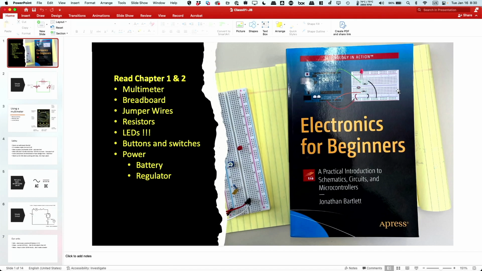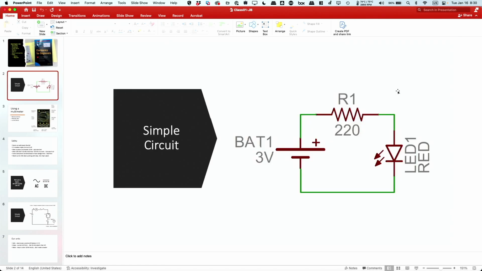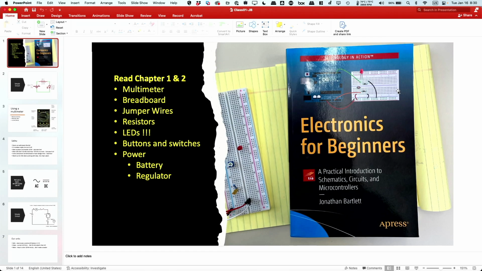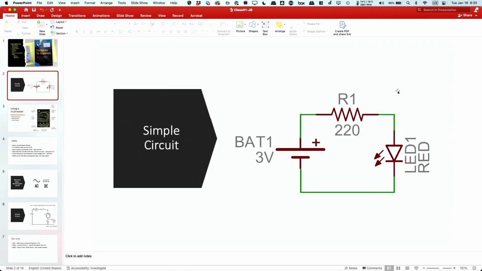But that circuit has a couple of different parts. It's got an LED on it, and one of the things we'll start to talk about is how to go from a diagram like this to actually putting it on the breadboard without doing it incorrectly. Because you'll notice in the diagram there are certain important pieces of information we need to make sure we don't mess up.